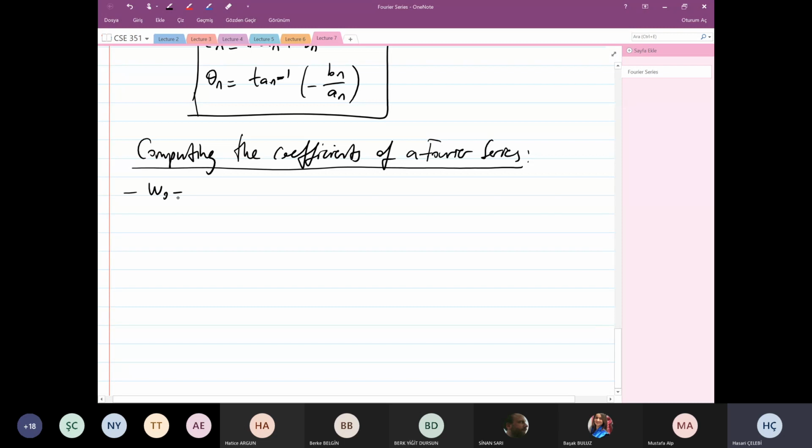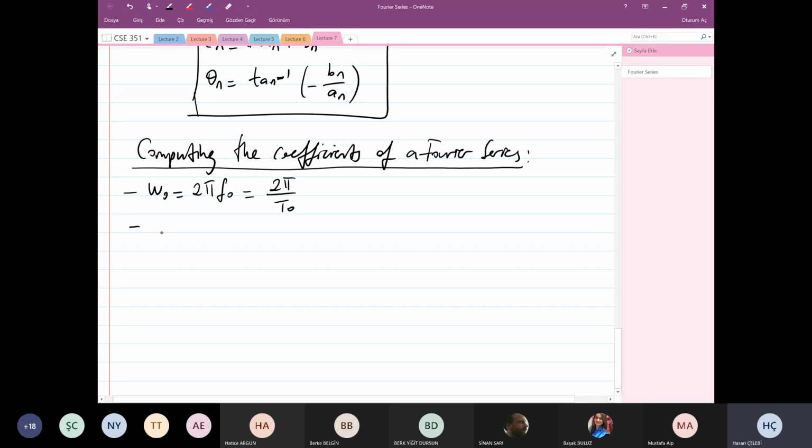Let's start with the fundamental frequency, which was equal to 2 pi times f0, which is equal to 2 pi over T0, my period. So we need to first determine the T0, which is the period of your signal, and then plug into this equation in order to obtain this omega 0, which is the fundamental frequency.